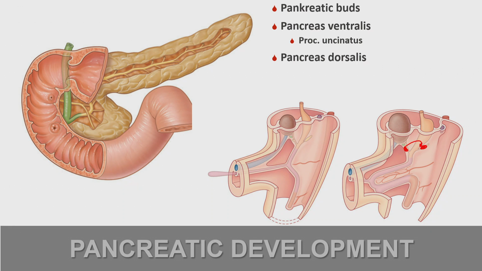Because of this complicated development, we have two main ducts which are conducting the juice from the pancreas to the gastrointestinal tube, to the duodenum. One is a stride, the second is a stride, but only during development. This one, the smaller stride, is the longer one and is from the tail.